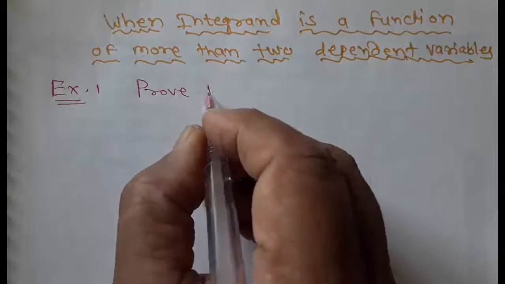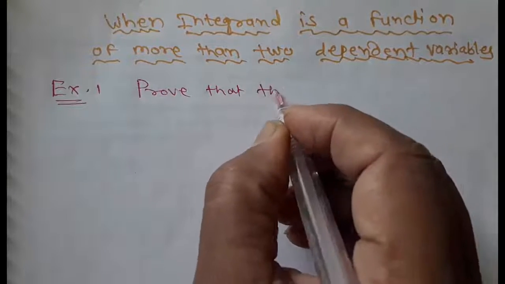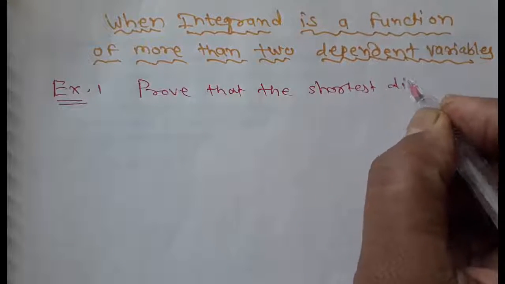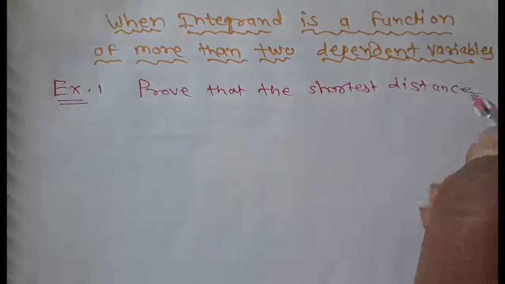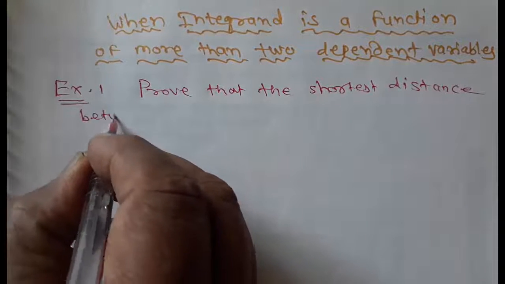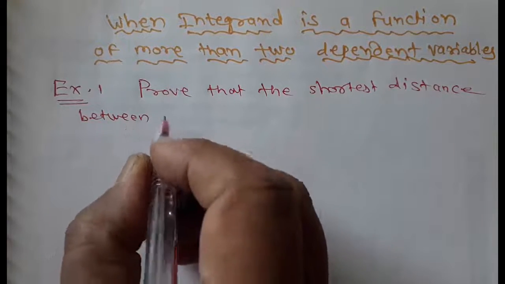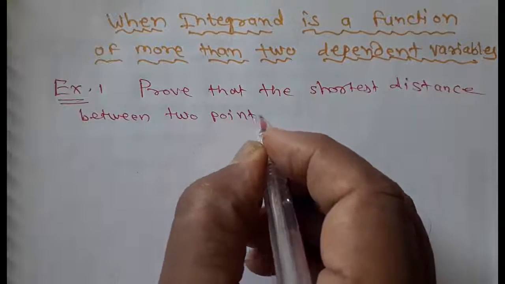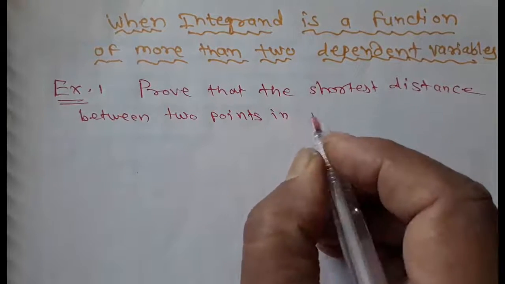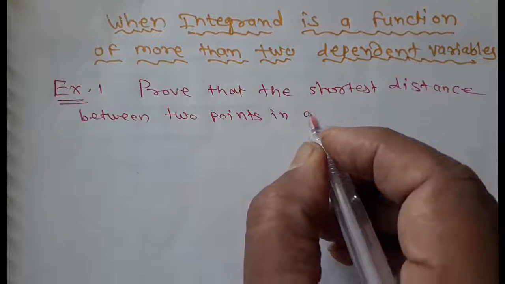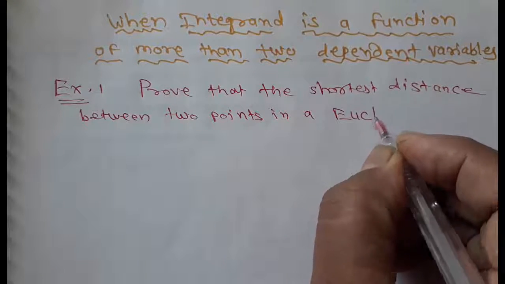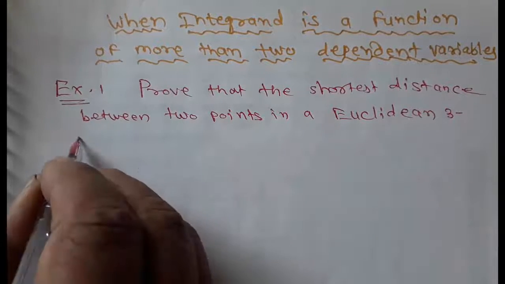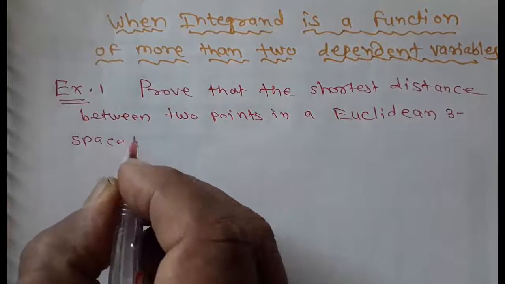Prove that the shortest distance between two points in a Euclidean three-dimensional space is a straight line.